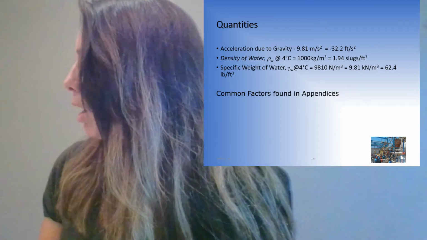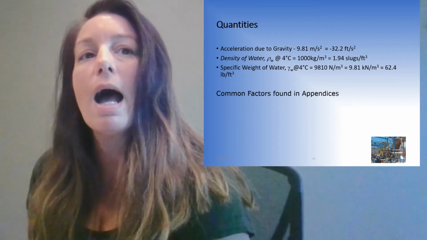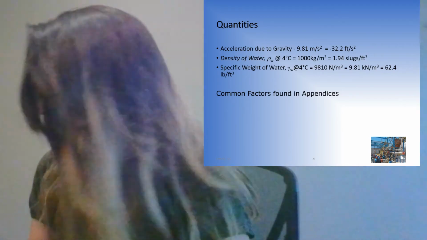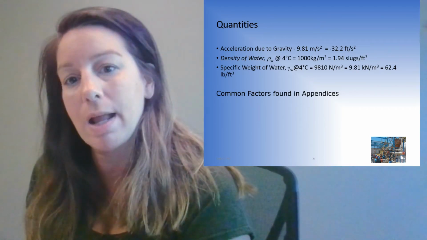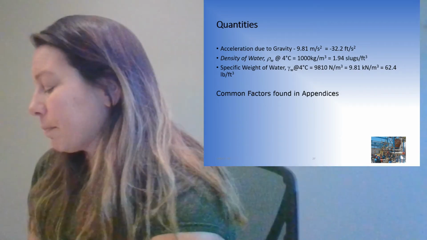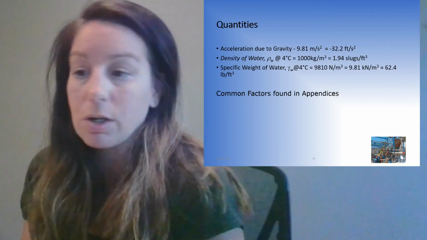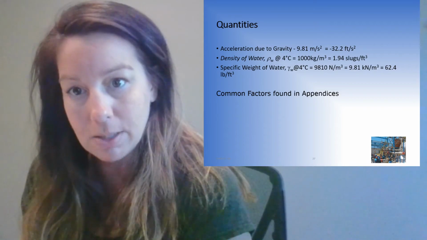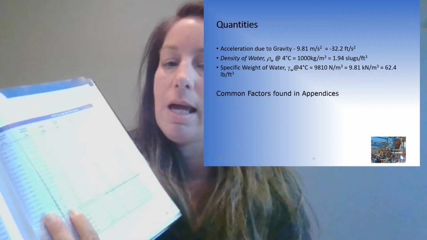It's properties of water. We'll get into this too, but just a little preview: how the specific weight, the density, changes with the temperature of water. That's why they always use this 4 degrees C. It's got it in both metric and imperial.